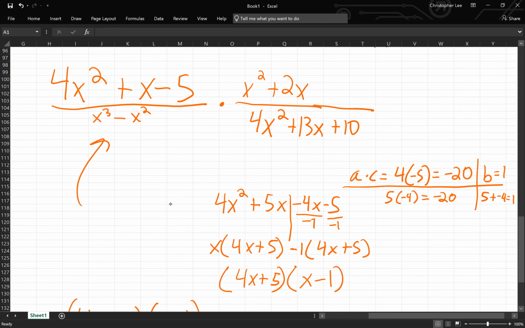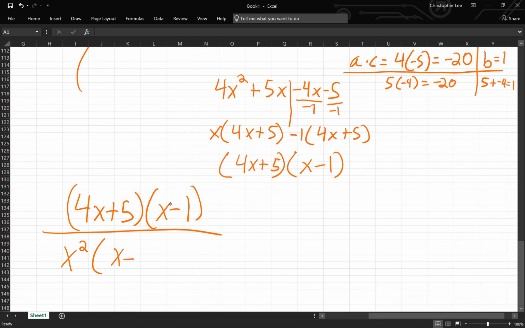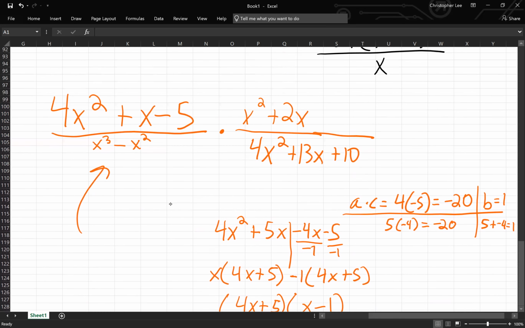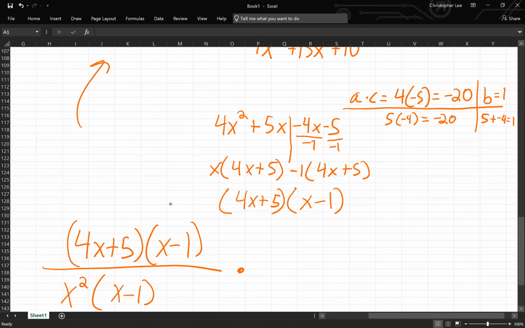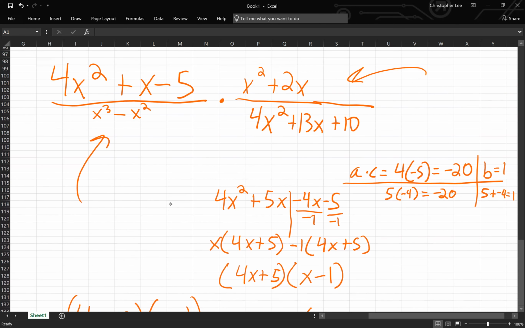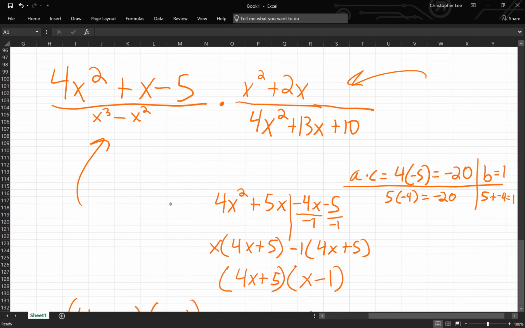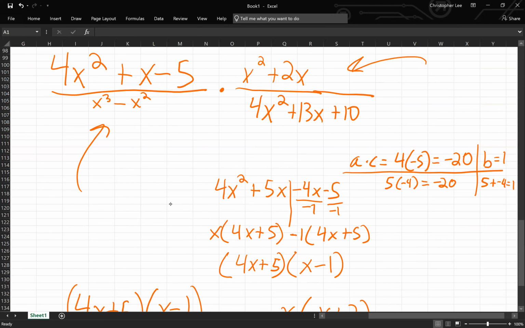X minus 1, right? Times. What about the numerator over here? Okay, and what's left over? Good. X plus 2. All right, denominator.